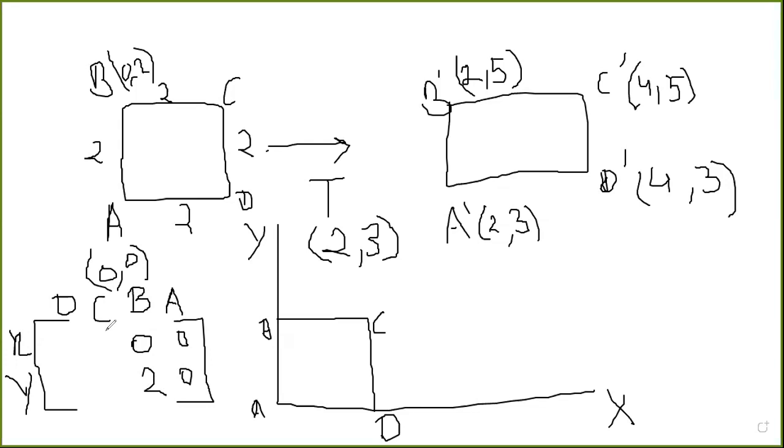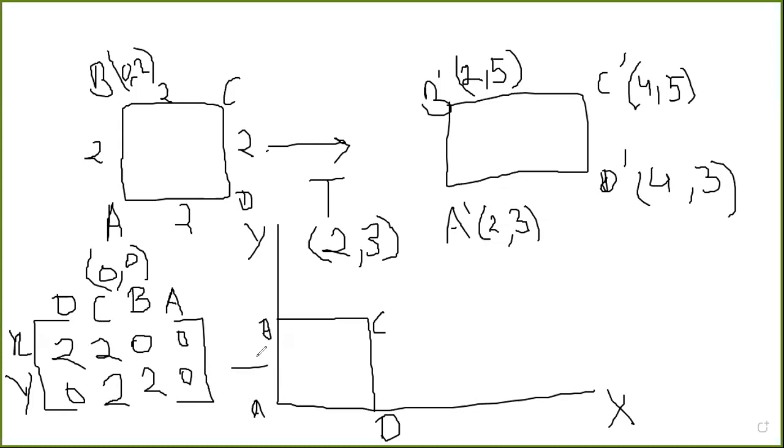C is what? 2 comma 2. And D is 2 comma 0. Okay, these are the object coordinates you can put in matrix format.